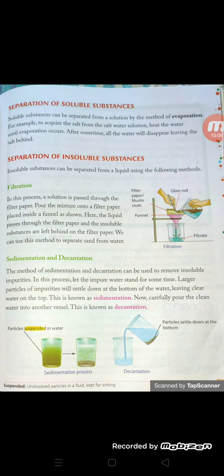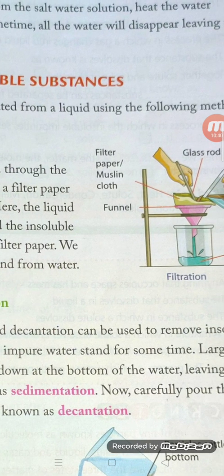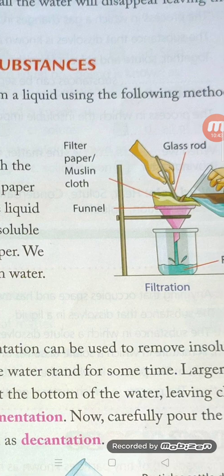In this process, a solution is passed through filter paper. Pour the mixture onto a filter paper inside a funnel as shown. Okay. So, any mixture or any solution, we have to pour it onto a filter paper, which is placed, that you can see, inside a funnel. This is the funnel marked with pink color container.